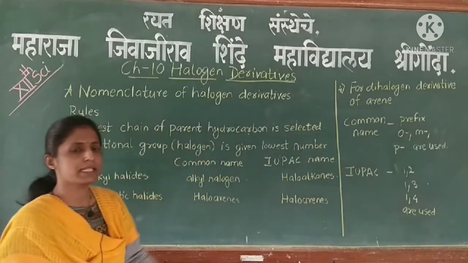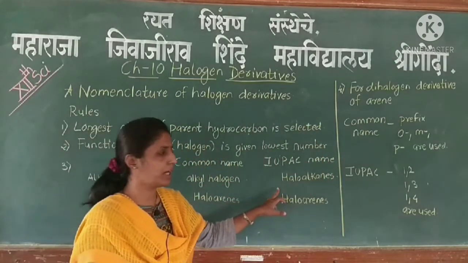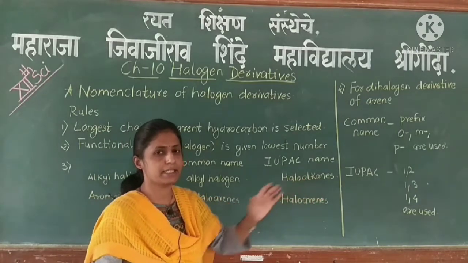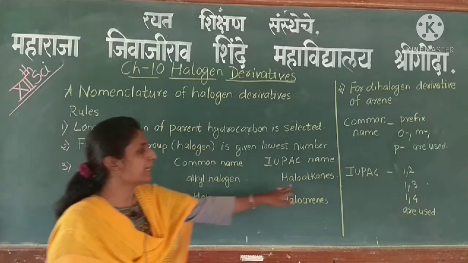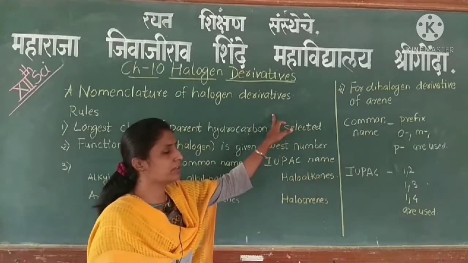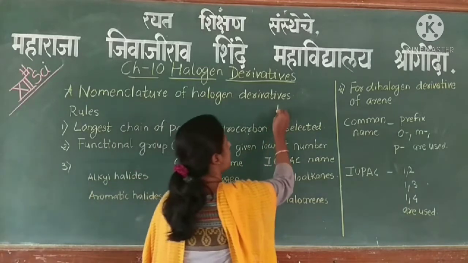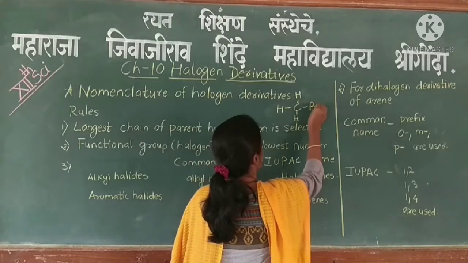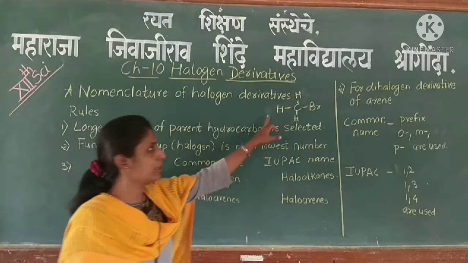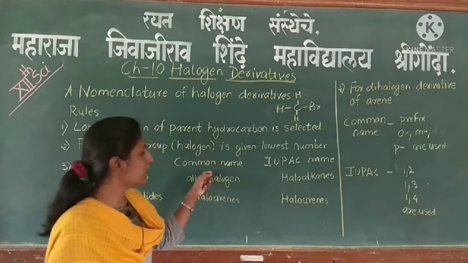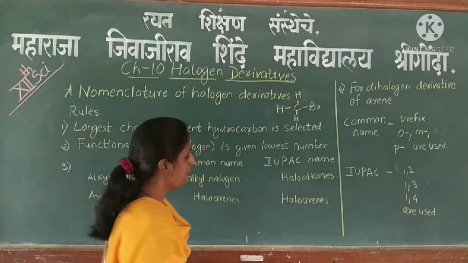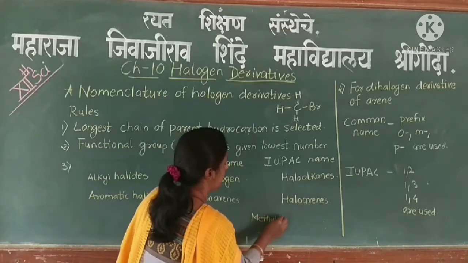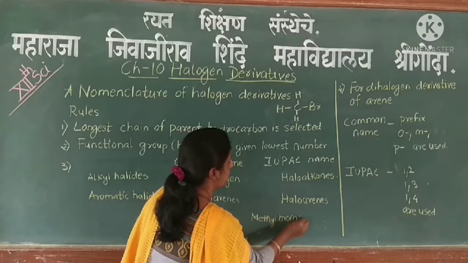And in the IUPAC name, what is the condition you have to follow? You have to first write the name of the halogen and then the corresponding alkane, that is the parent chain which you have taken. That name is written afterwards. In this example, in the common name, this compound will be written as methyl bromide.